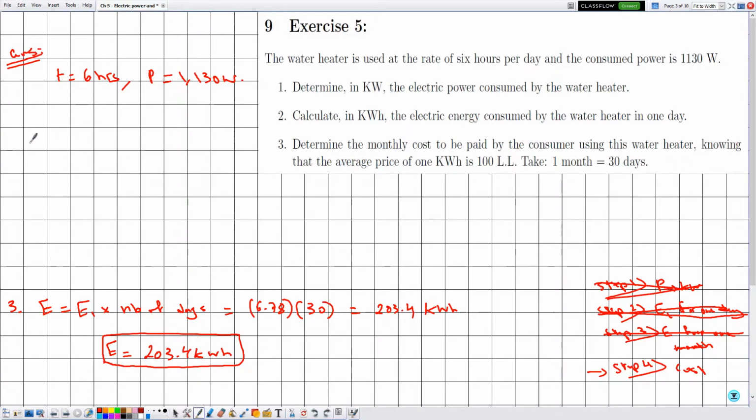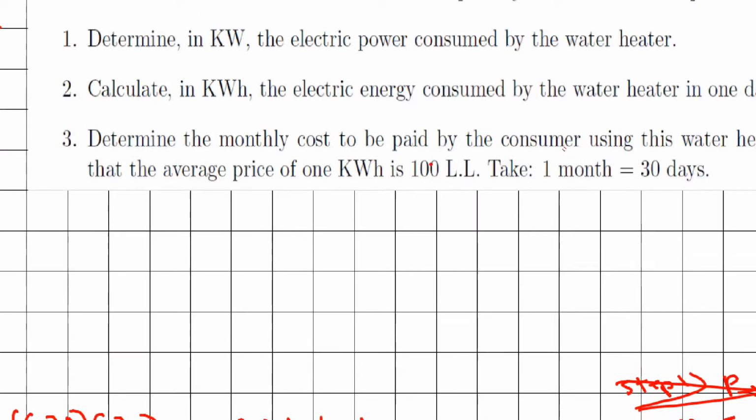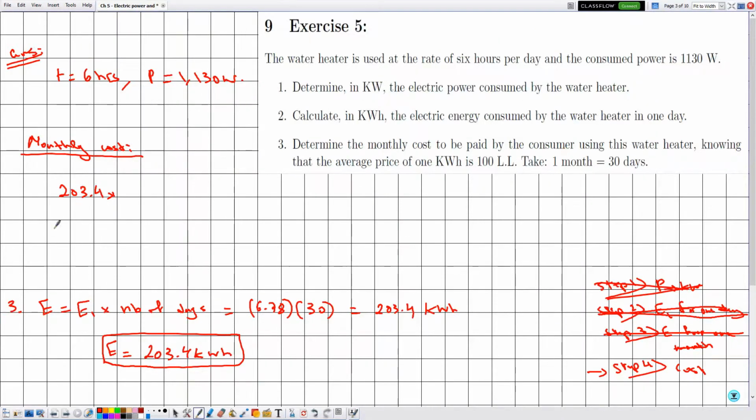So the monthly cost is simply given by 203.4 multiplied by the price, and the price is given by 100 Lebanese liras, so multiplied by 100, which is equal to 20,340. Because this is expressed in Lebanese liras, then the value will be expressed in Lebanese liras. So the monthly cost is given by 20,340 Lebanese liras. Okay, so this is it for exercise number 5.